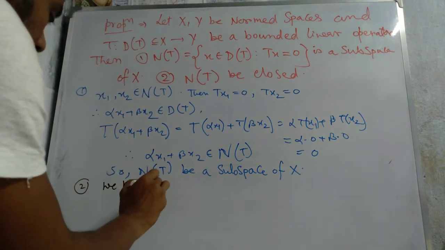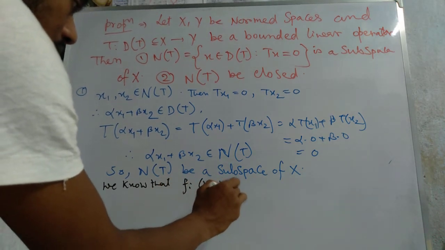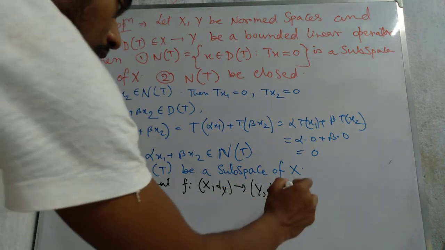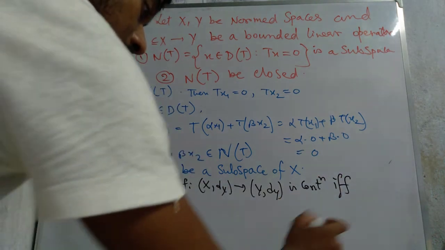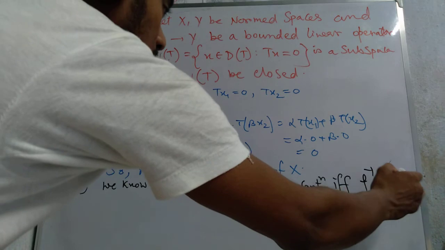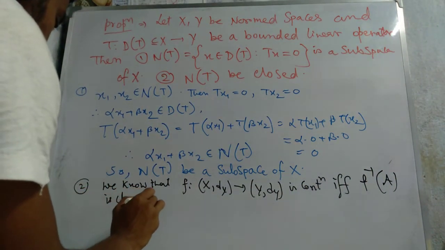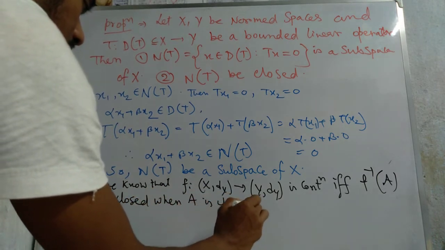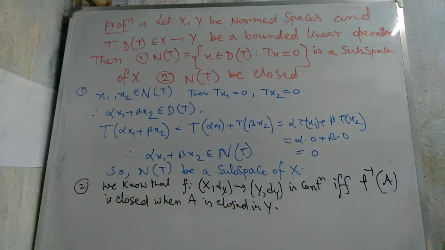We know that if T: X to Y is continuous if and only if T inverse of A is closed in X when A is closed in Y.